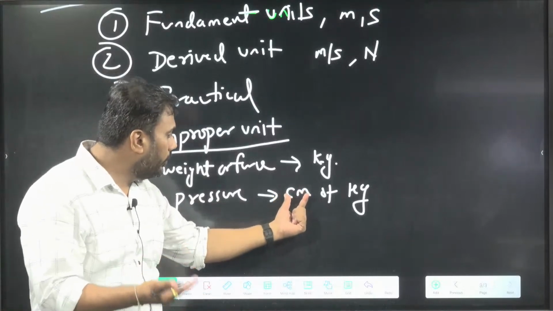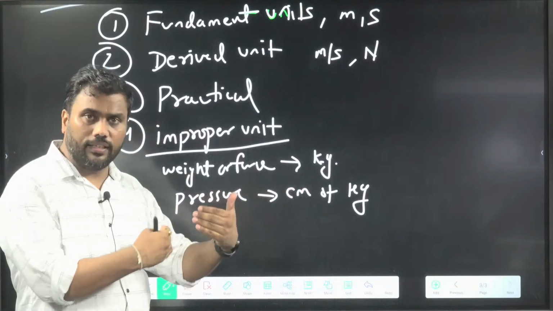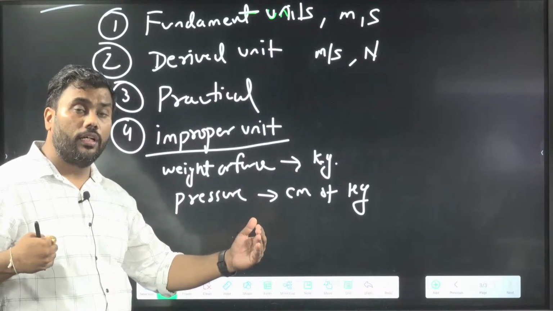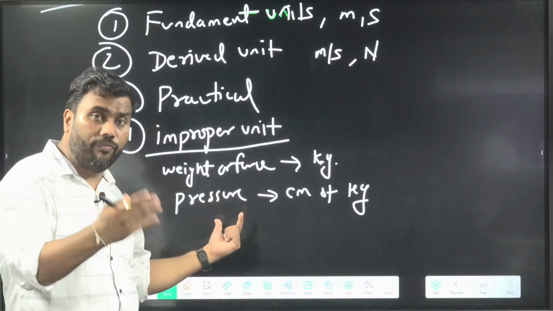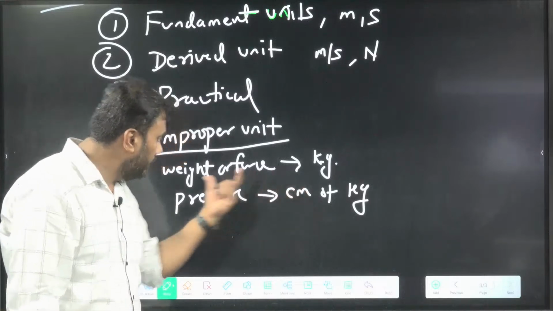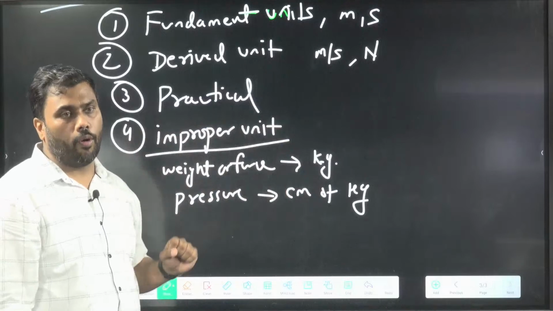So you are using length to measure pressure. Length is a different physical quantity, and pressure is a different physical quantity. Pressure is derived with the help of length, mass and time. But you are using distance to measure pressure. So this is an improper unit. This kind of unit is called an improper unit.